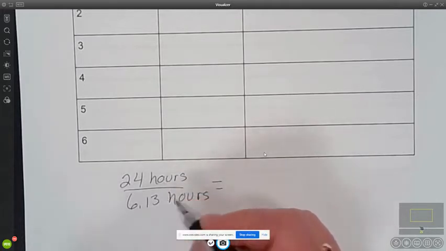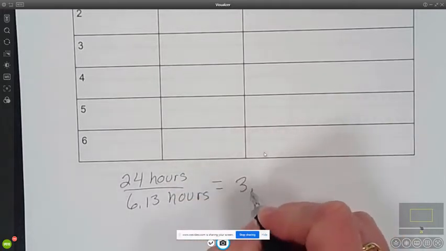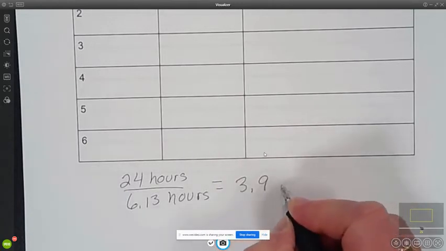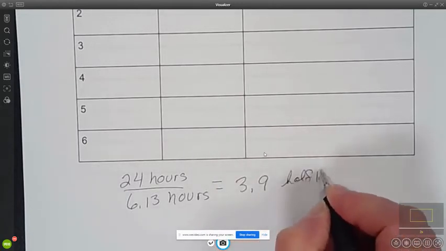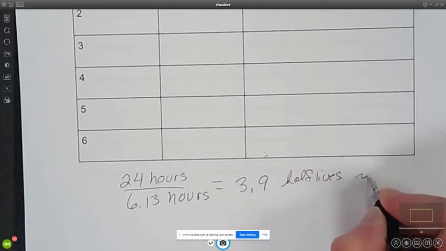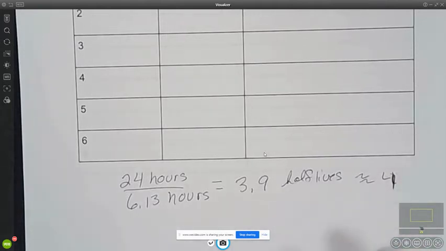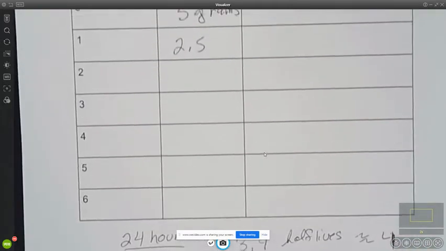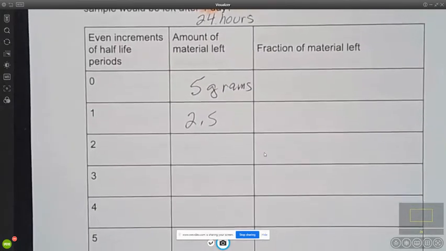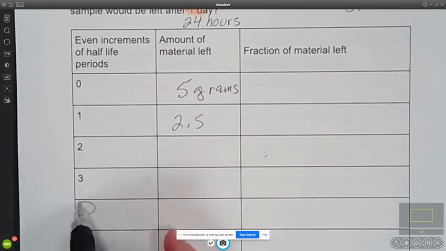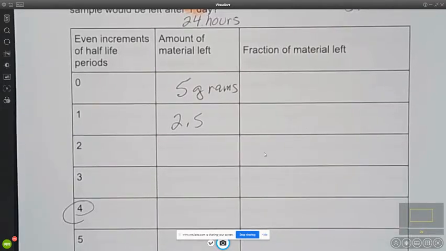So I'm dividing this up, and I find that it's 3.9 half-lives. Okay, that's really close to 4. We'll show you a more exact answer here in just a minute, but we're going to get very close to this. So let's come back up here. This tells me I can stop at about 4 half-lives, or just shy of 4 half-lives.